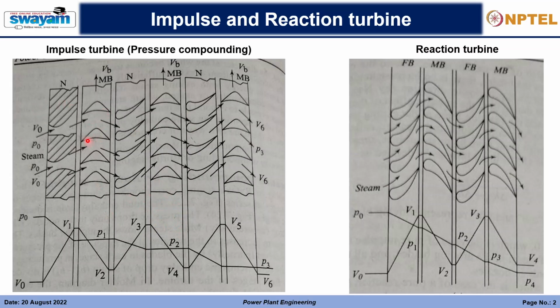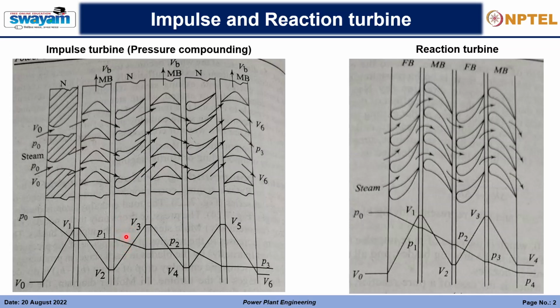You can see that there are various stages of moving blades and nozzles, right? So these are compounded. When there is more than one set of moving blades, it is called compounded stages. This is pressure compounded, because at each of these stages we are utilizing the pressure.